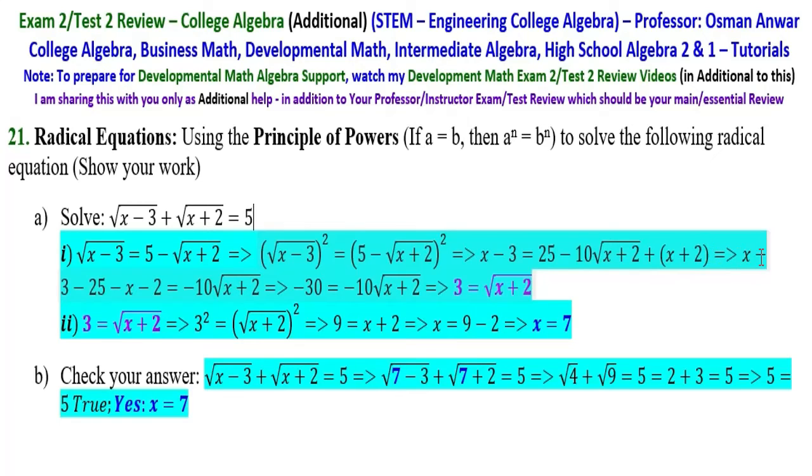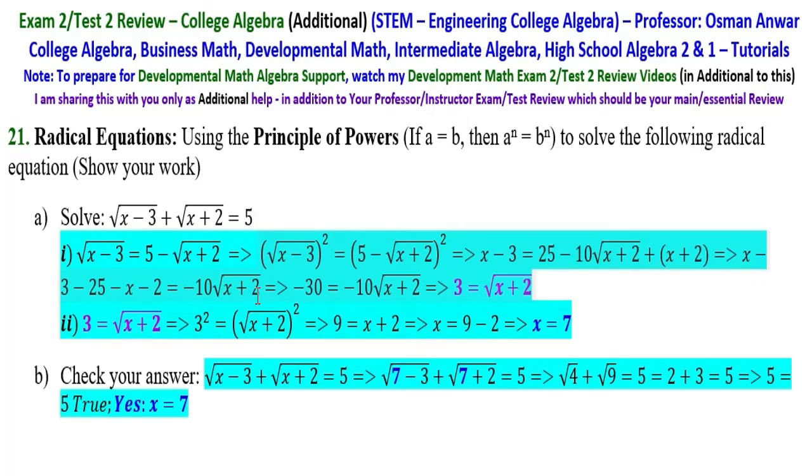Then this is x minus 3 minus 25 minus x minus 2 equals minus 10 square root of x plus 2.